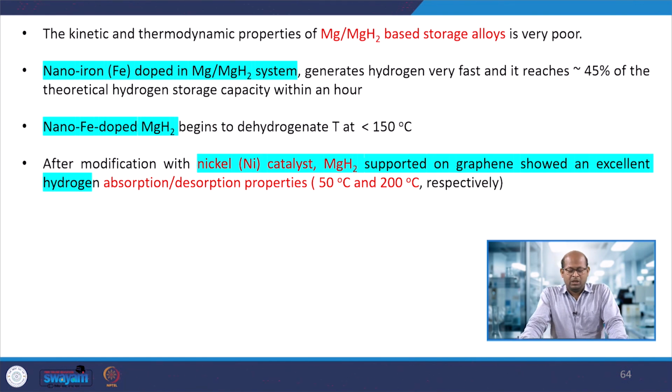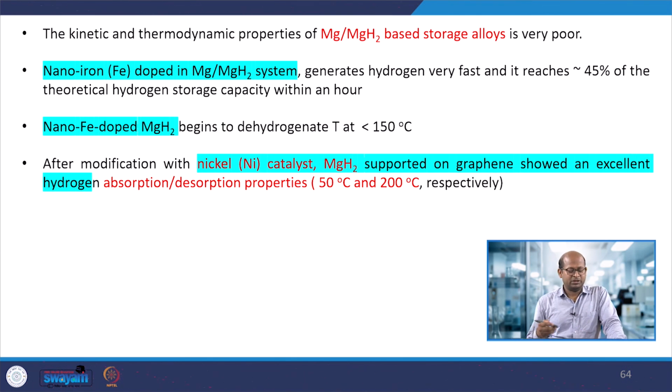These are the materials we use for storage of hydrogen, particularly for absorption and desorption processes. The materials would absorb hydrogen, and when it is required it would release the hydrogen reversibly. So in that way we can use the hydrogen for different application purposes.